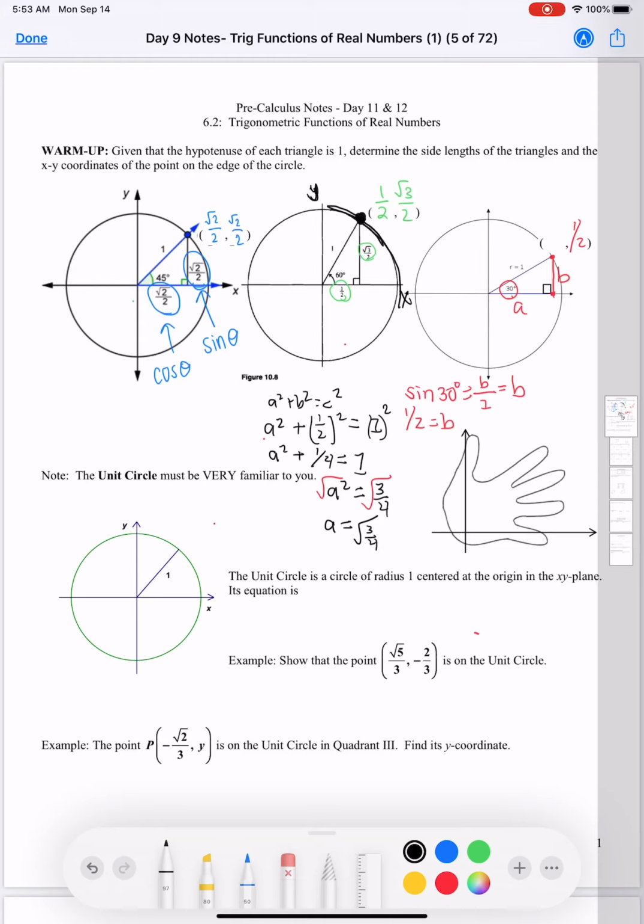Now that's not fully simplified, and there's a property that says that if we have a square root of a whole fraction, we can break it apart into two separate square roots. So square root of 3 on top, and square root of 4 on bottom. Well, we can't take the square root of 3, so that will stay as is. But on the bottom, square root of 4 is 2. And so we have found our value of A.